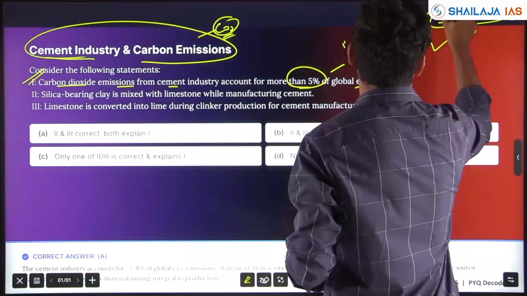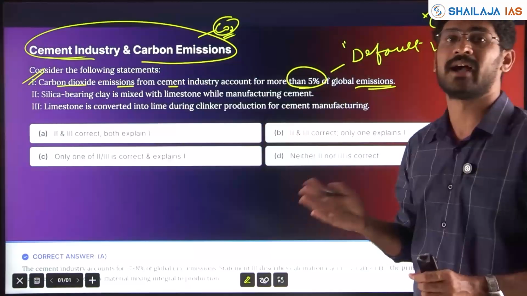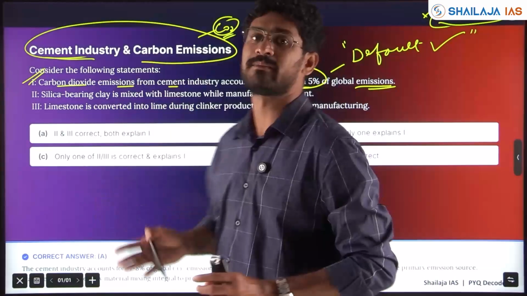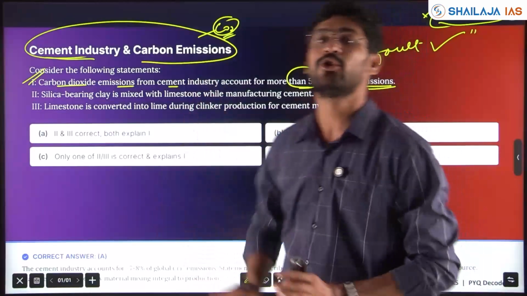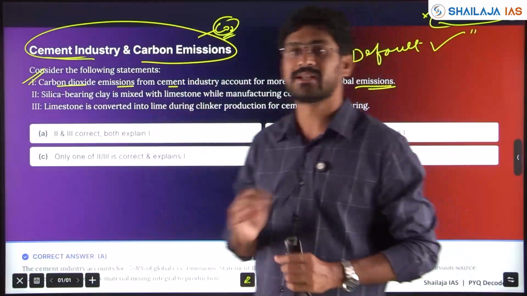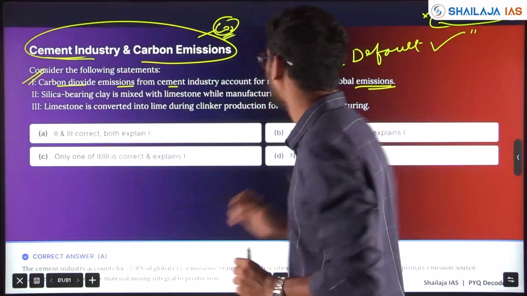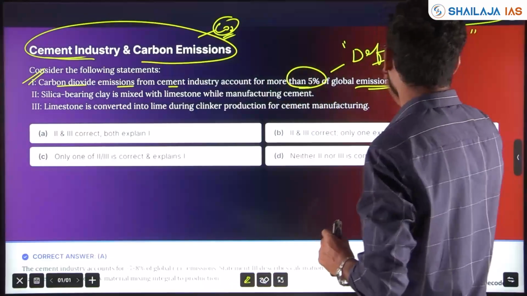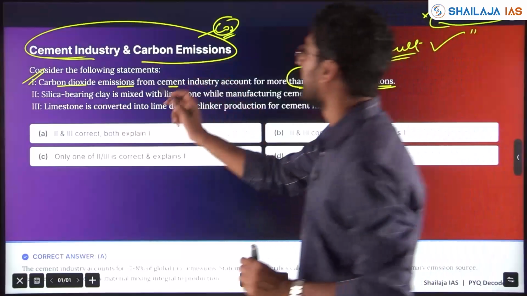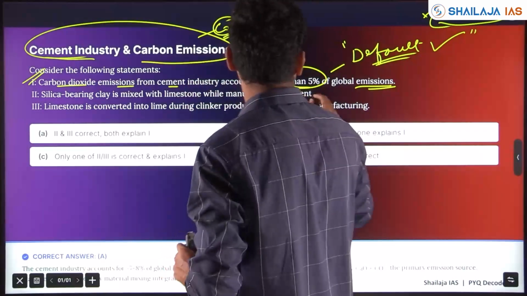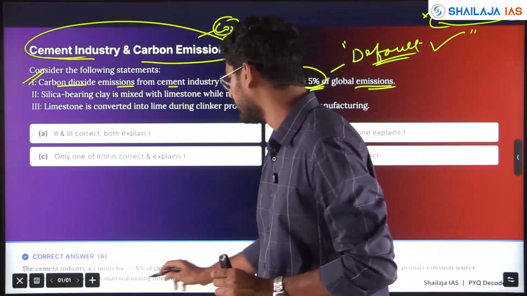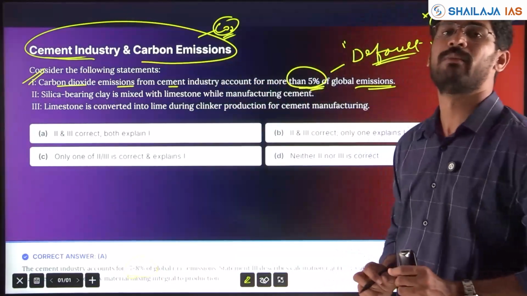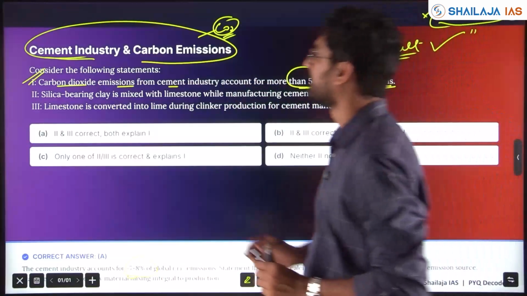2025 questions. When he gives these 3 statement questions and asks to prove whether the second statement and third statement are right and that explain 1, know that he is making your job easy. Statement 1 is already correct, by default it is right. Carbon dioxide emissions from cement industry accounts for more than 5% of global emissions. Yes, it accounts for nearly 7 to 8% of global CO2 emissions.